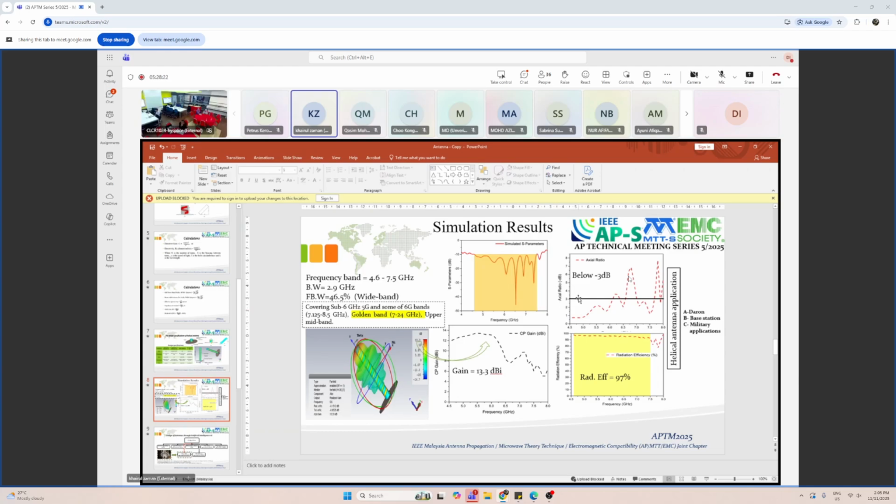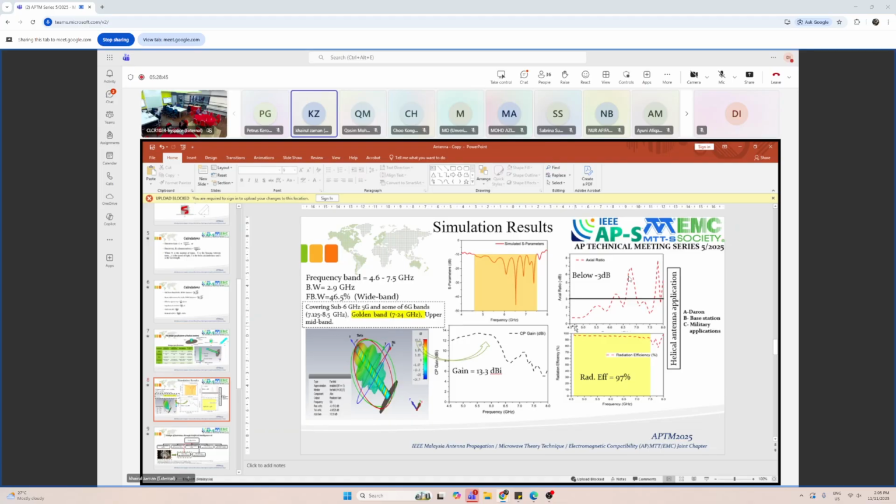As we know, the helical antenna provides circular polarization, which means we have to measure the axial ratio. The axial ratio should be below 3 dB. Based on the simulation results, our axial ratio does not cover the entire frequency band.